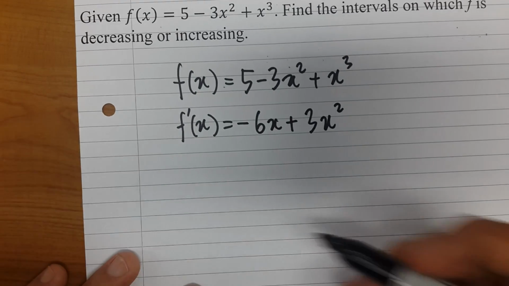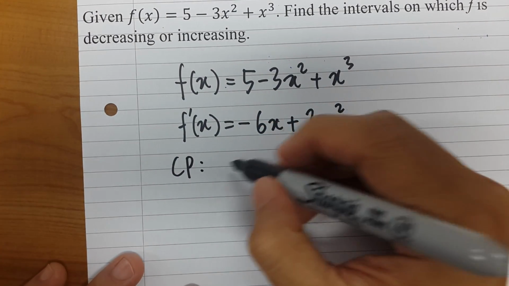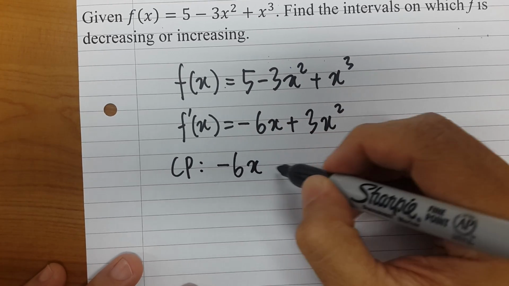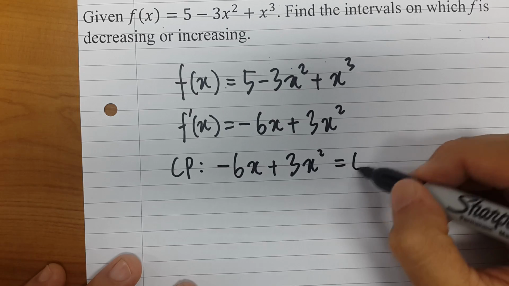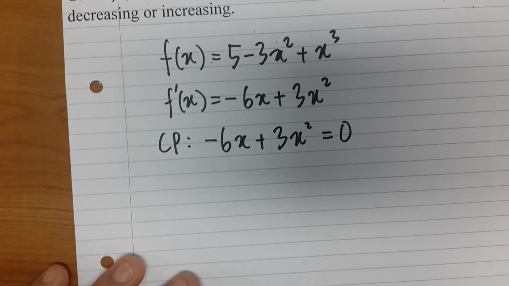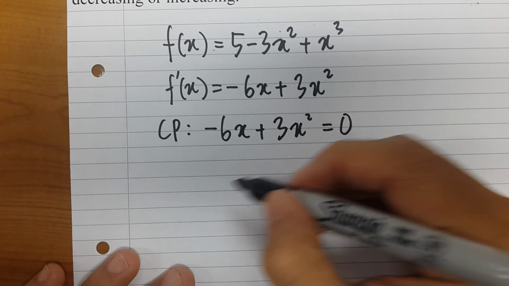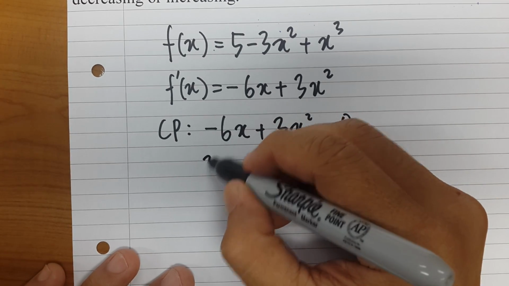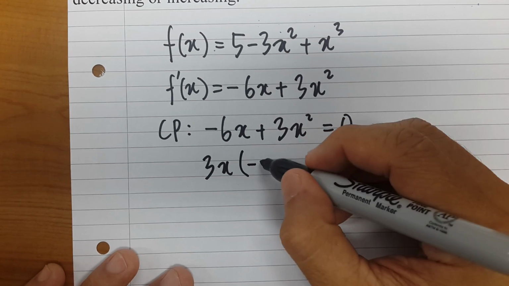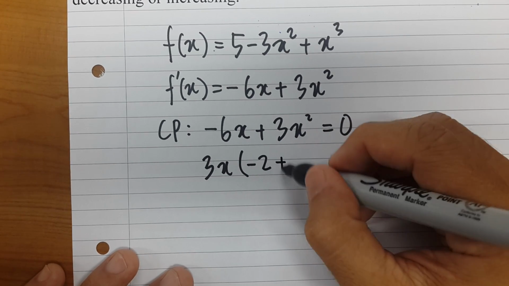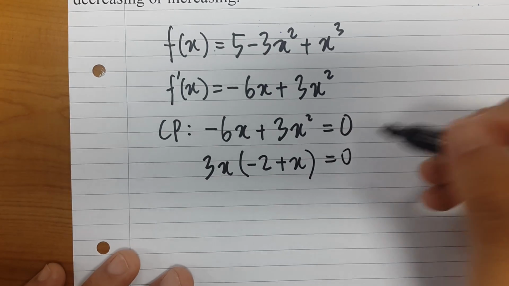Right? So now, finding the critical points: negative 6x plus 3x squared, let this equal 0. Factor first, so we get 3x times (negative 2 plus x) equals 0.